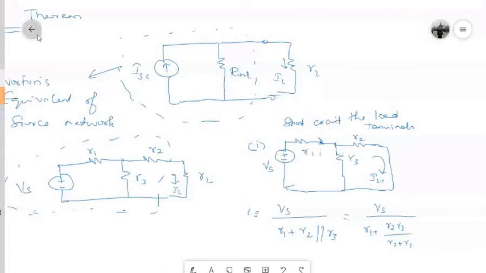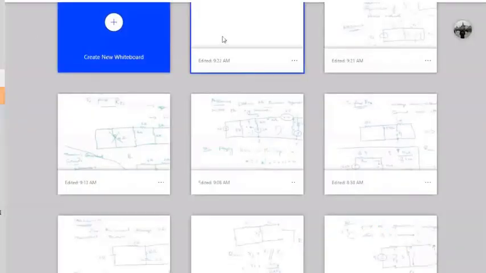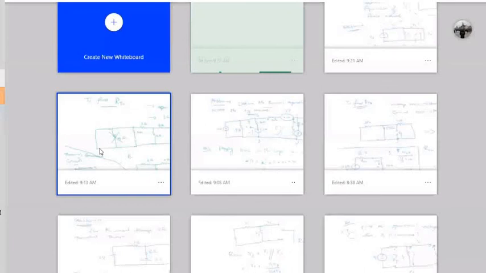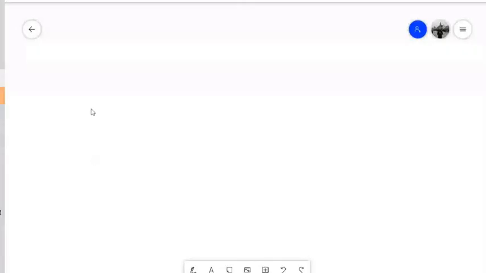So that will give me the current flowing through the short circuited terminals: ISC equals I times R3 divided by R2 plus R3.